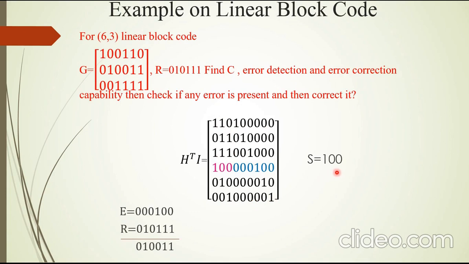So 100 is present at this position. So now I will take the error. This 100 is present at this position, and in this position where I is 000100, which is the error.